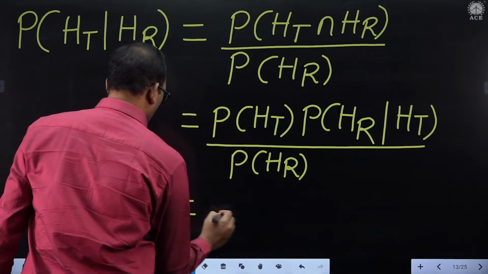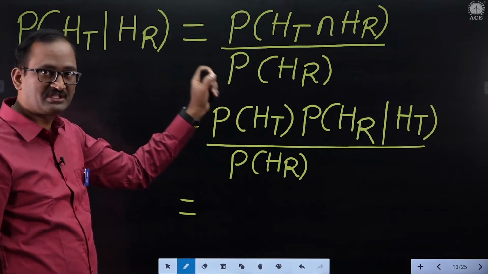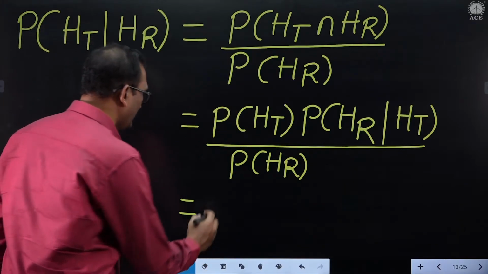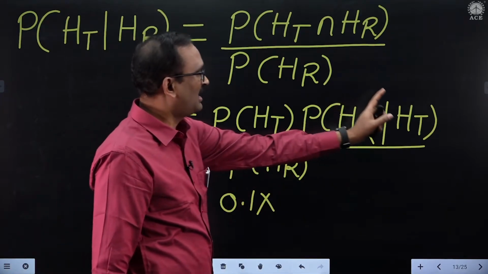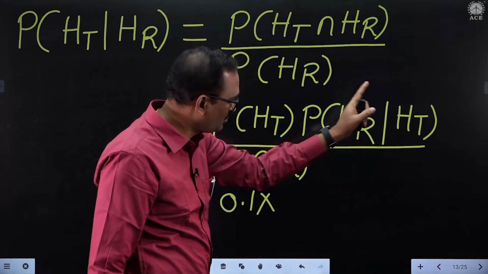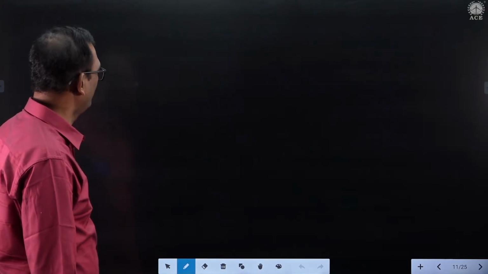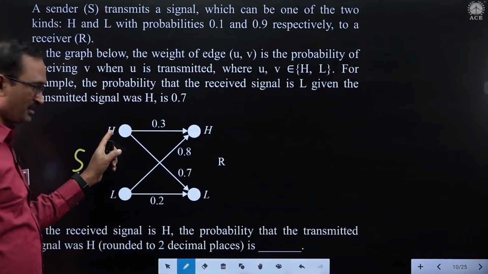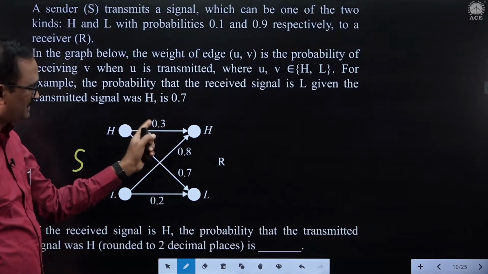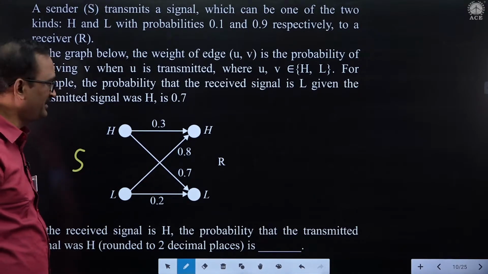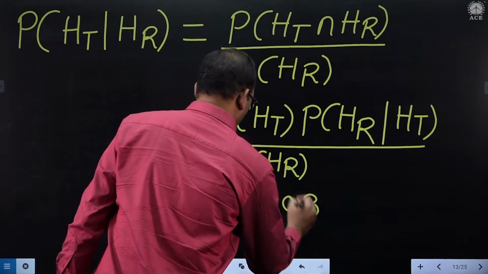So this is equal to, let us look at the diagram. Probability of H transmission exclusively was given to be 0.1. After transmitting H, then only it should be received as H. That was given. For that, the probability is 0.3. This is 0.3.